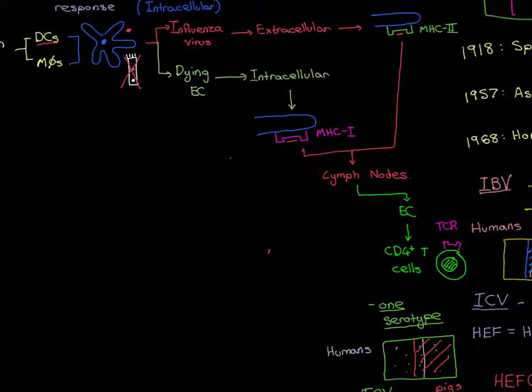And of course, there will be a huge number of different peptide fragments, and the different antigen-presenting cells will have different types of peptide fragments because they've cut up the antigens in different ways.